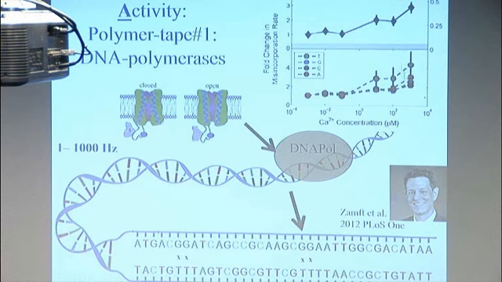The normal base pairs are A with T and G with C, but you can add a GT mismatch, and all the mismatches can be increased by changing the divalent cation in an interesting physiological range that you might find in a neuron. Brad Zamft did this as a postdoc. And I should mention DNA polymerase rates are up to 1,000 hertz, 1,000 events per second.